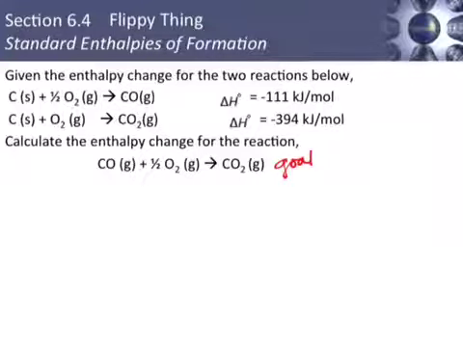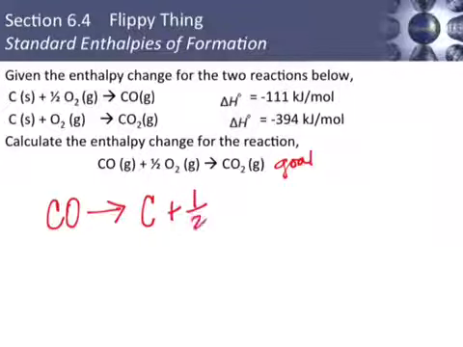I go to the first equation and look and see. I need to flip it because I need CO as a product or reactant. So CO, C plus 1/2 O2. If I flip it, which means it was exothermic, now it becomes endothermic.